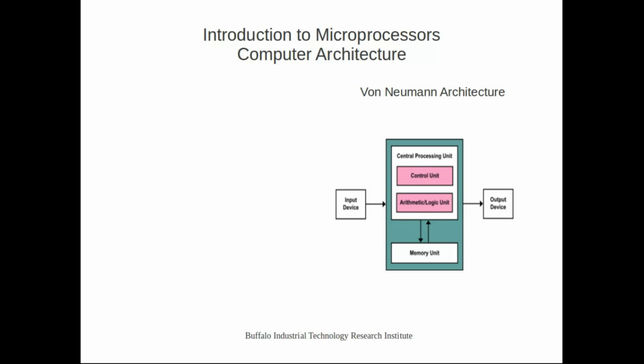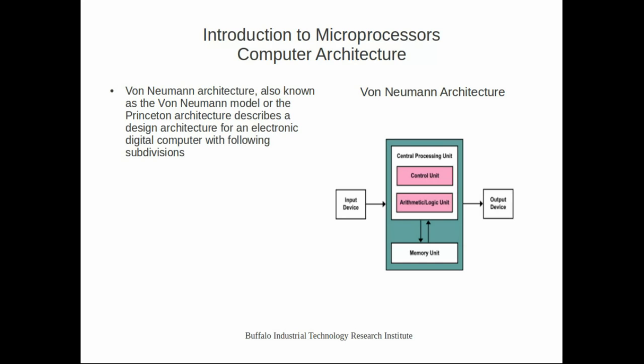Von Neumann architecture first showed that the program and data can be stored in external memory such as RAM and executed in a central processing unit. It is also known as the von Neumann model or Princeton architecture and had the following subdivisions. It had a processing unit consisting of an arithmetic logic unit and processor registers.